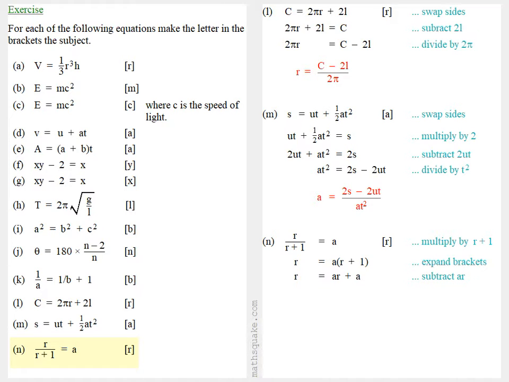Subtract ar from both sides, so r minus ar equals a. Factorise. r is a common term on the left-hand side, so r into (1 minus a) equals a, and finally we can divide by 1 minus a. So we're left with r equals a over (1 minus a).